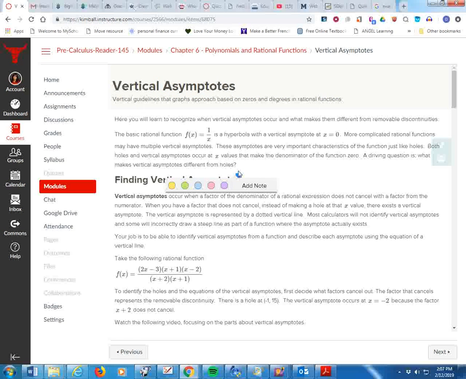Okay? And if you look at the sheet I handed out, number 1, if the degree of the numerator is less than the degree of the denominator, then the horizontal asymptote is the line y equals 0, which is the x-axis. If the degree of the numerator equals the degree of the denominator, then you divide the leading coefficients and set that equal to y.